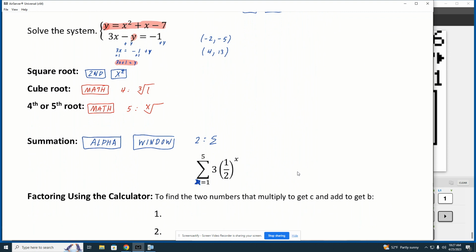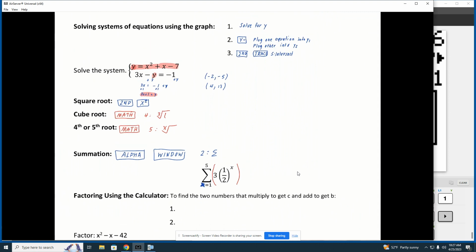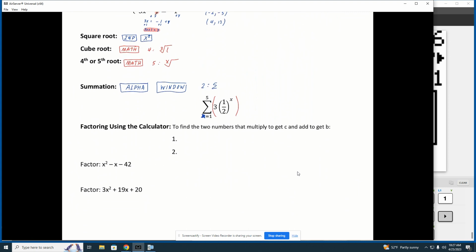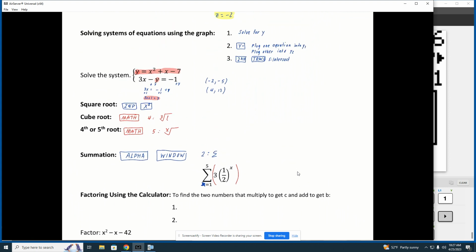The only key to a problem like this is when you type this in your calculator, it gives you original parentheses. Everything has to go in the original parentheses. So there you have it. That's a bunch of calculator stuff. This last thing is the same thing we've done. You type it in, and you find where it crosses the x-axis. It's just like the first thing.